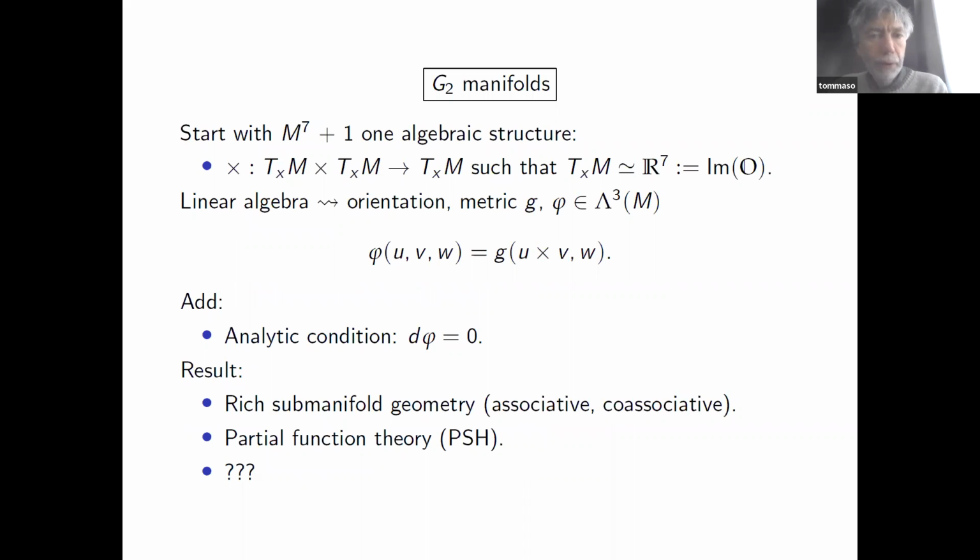Now, a G2 manifold is something that very rigidly lives only in dimension 7. So it is a completely real geometry. It is not complex in any way. It only has one algebraic structure to begin with, and this is a cross product, which means that the manifold is modeled on the imaginary part of the octonions with their multiplication.